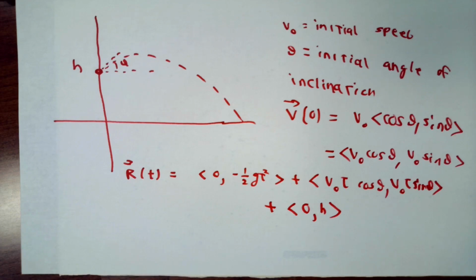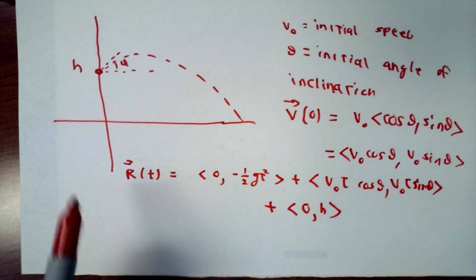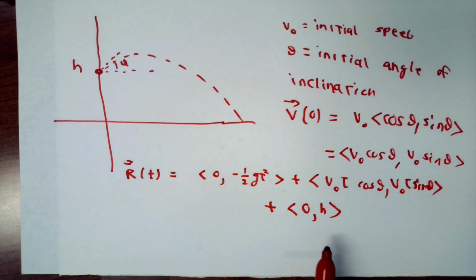So I can write out my position vector in the same way that we did before, except I've expressed the initial velocity vector times t in this form, and given the new setup, I put the initial position at x equals 0, y equals h.